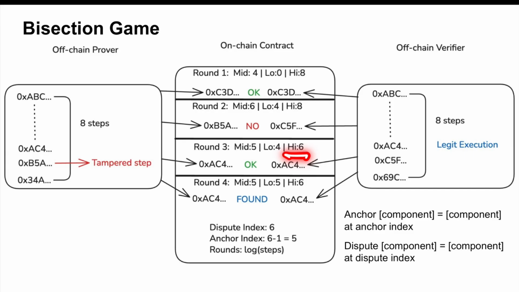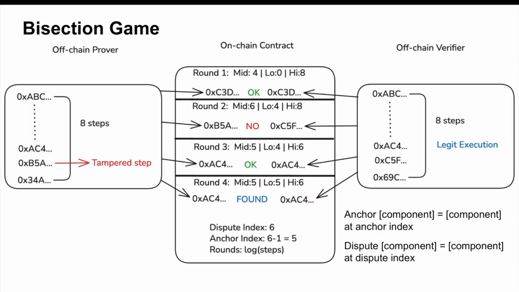So we set high 6, low 4, and mid is 5. We see that they agree at mid 5. For the next round, we know it happened on the right side of this slice, so we go to the right again. Our low is 5, high is 6, and mid is 5 again.